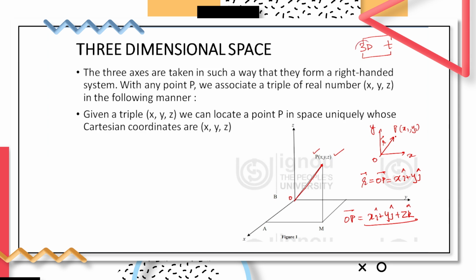We are restricting our discussion to 3-dimensional spaces only, wherein the triplet x, y, z is used to locate the point P, and in the Cartesian coordinate system, we represent it in terms of x, y, and z. We learned in terms of vectors that the component representation of the point can always be xi plus yj plus zk. We are going to extend the understanding of such concepts in this session.